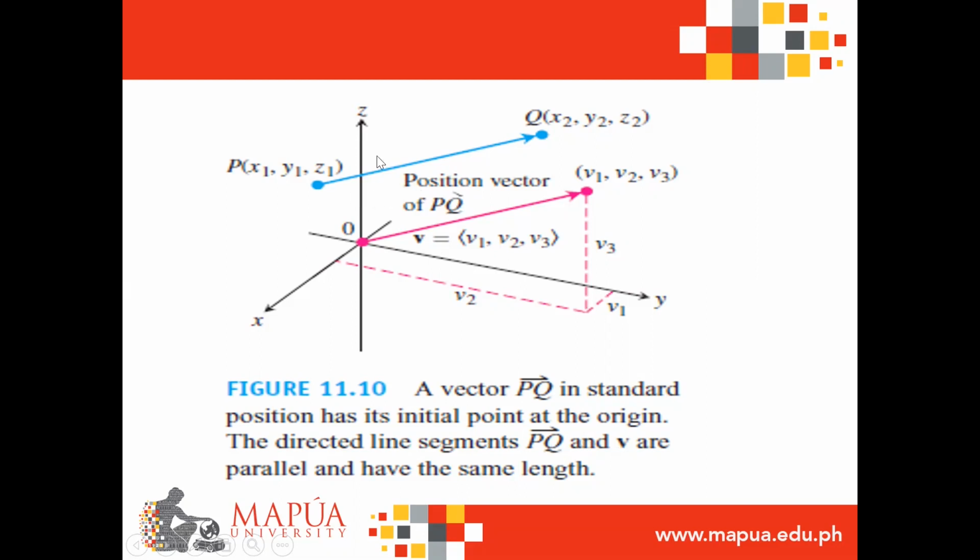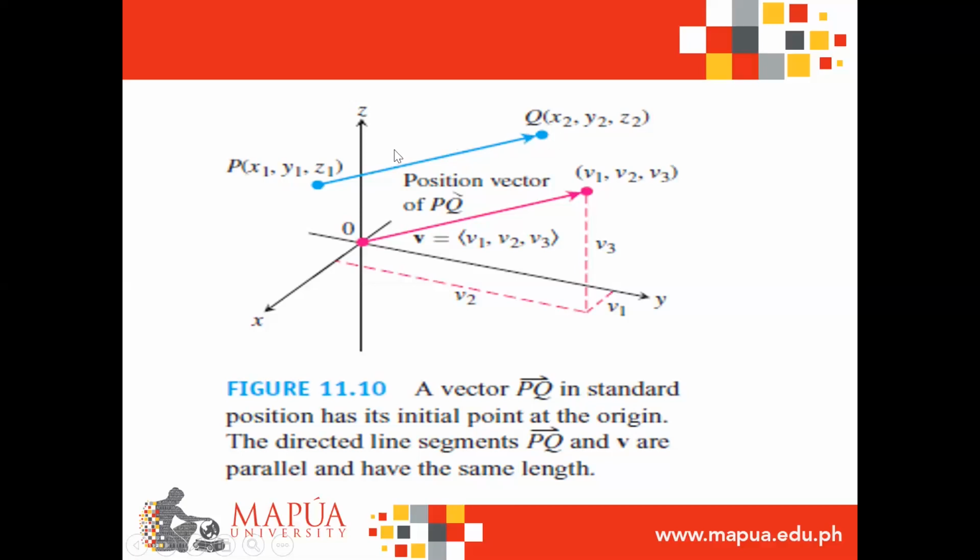Take note from here that your vector PQ has its initial point at point P and terminal point at point Q. Point P has the corresponding coordinates (x1, y1, z1), and point Q has the coordinates (x2, y2, z2).